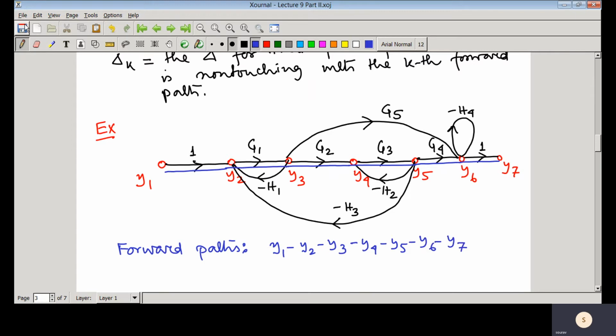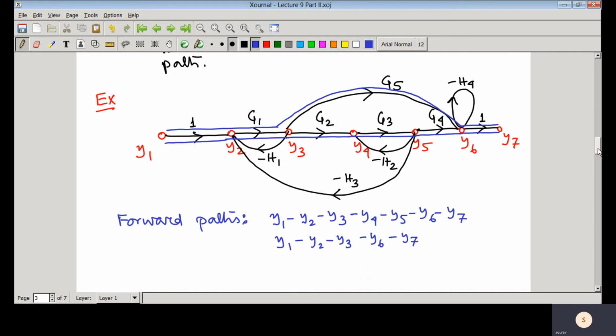We have another forward path, that is y1 to y2 to y3 to y6. You can also follow this path, y6 to y7. That means from input to output. Do you have any other forward paths? No.